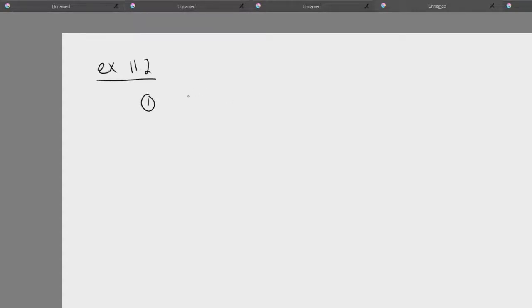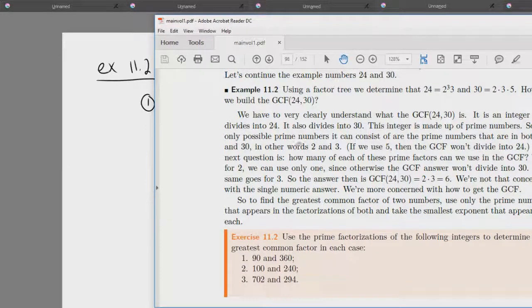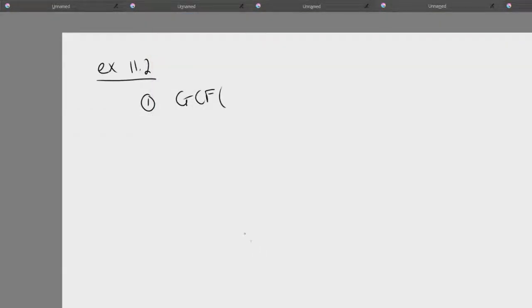First one. I'm looking to find the greatest common factor of, can't remember, 90 and 360. Whoopsie, where am I now? There, 90 and 360. I want to know, what is that?